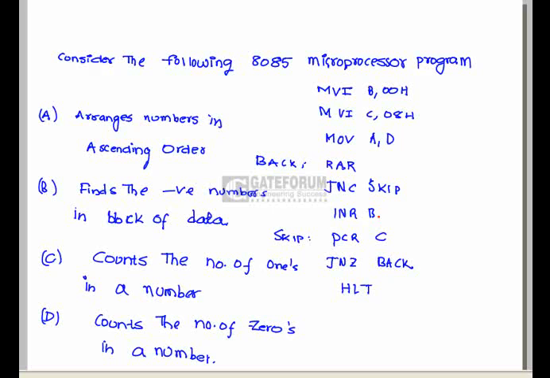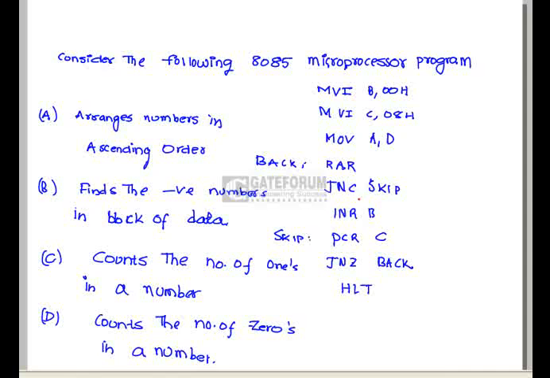Question is, consider the following 8085 microprocessor program. Here we are loading the B register with 00H, whereas the C register with 08H. We are moving the data, which is unknown to us, from the D register to the A register. Then we are rotating the contents of the accumulator through carry, meaning the MSB of the accumulator is placed in the carry flag.